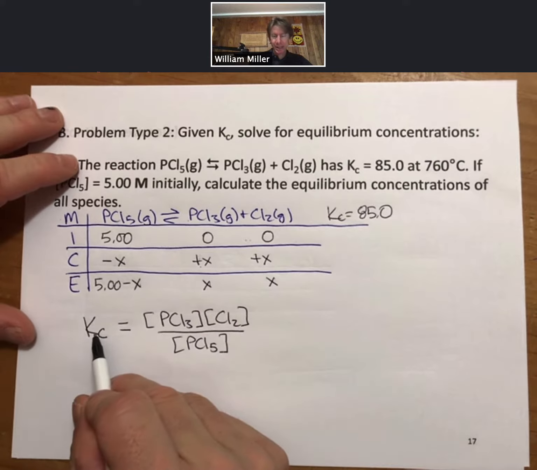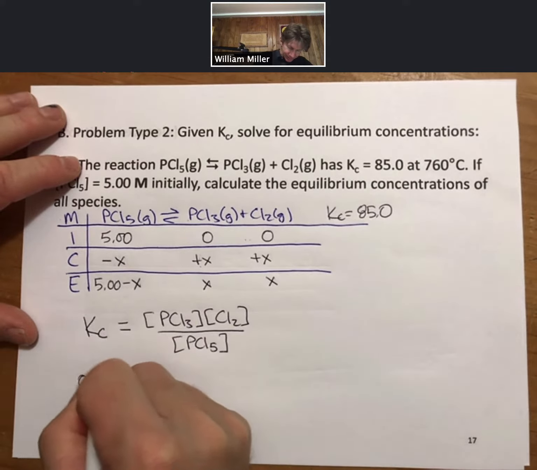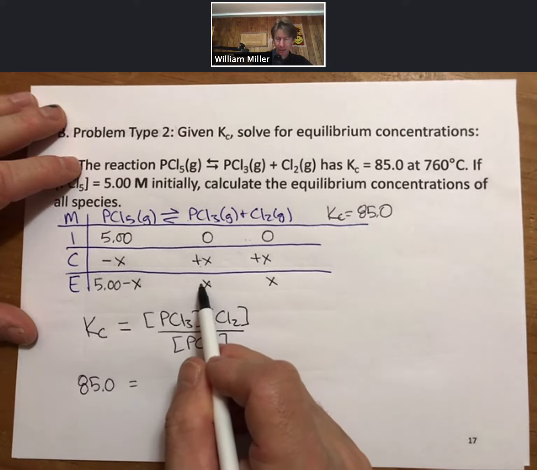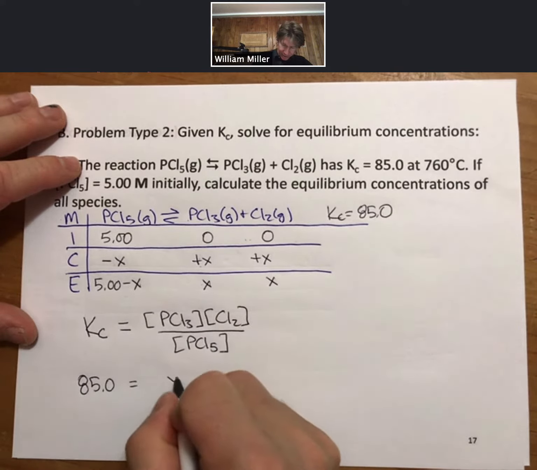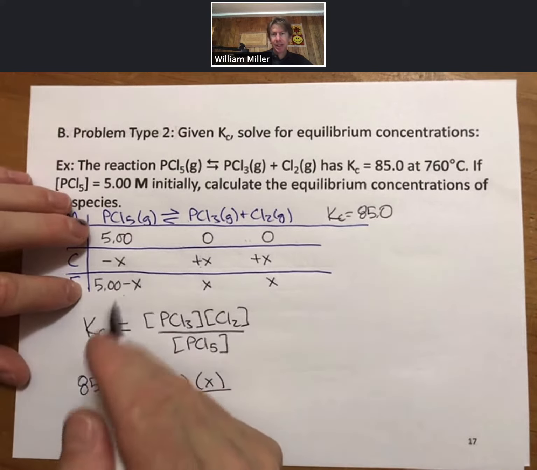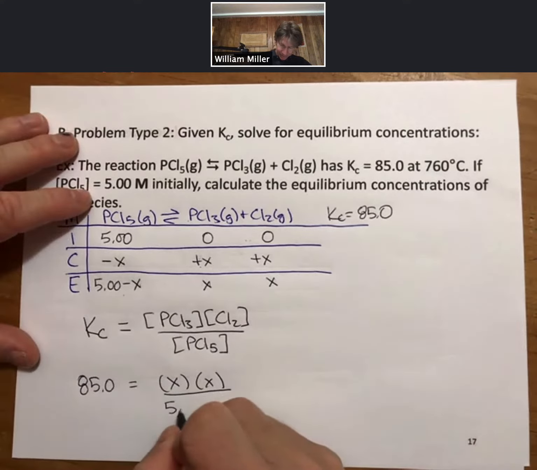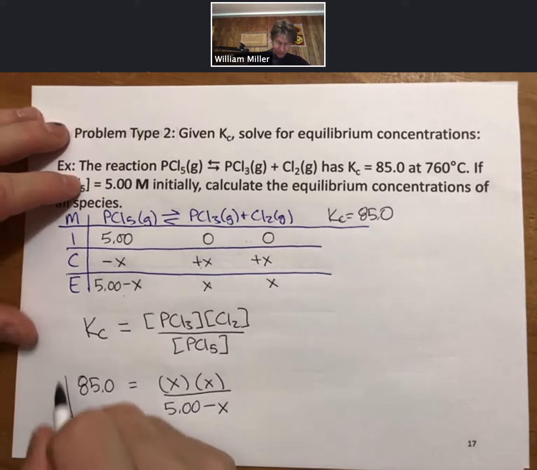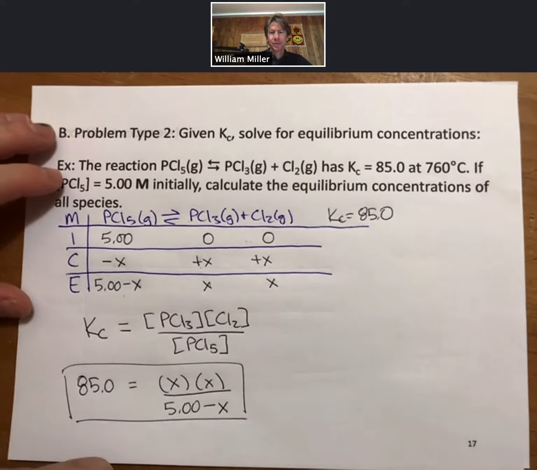I know my Kc value, it's 85.0. I know each of these are x for my numerator, so x, x. And I know my denominator is 5.00 minus x. So that is the equation we now have to solve.